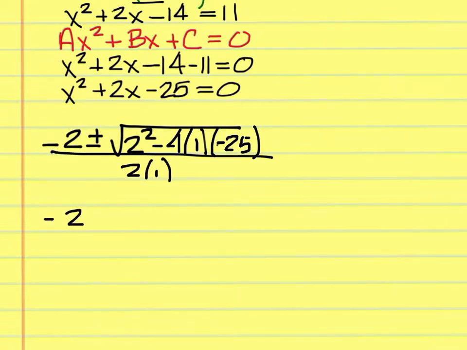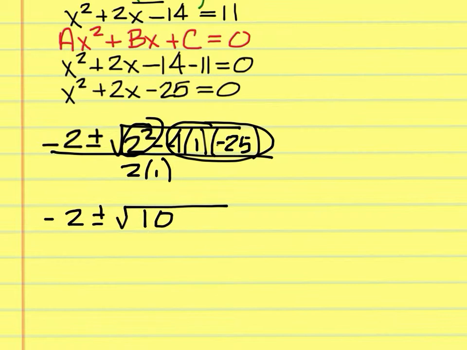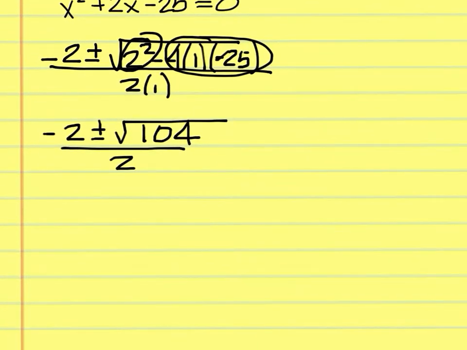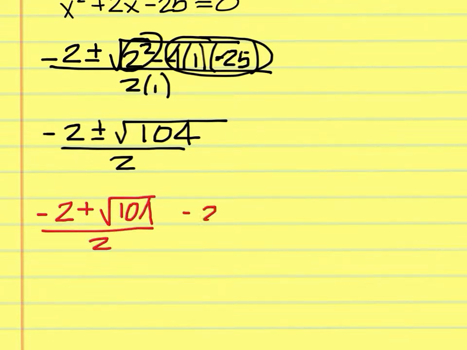So negative 2 plus or minus the square root of 4 plus 100, which is 104, and then on the bottom is 2. So we have to do this twice, once with a plus, once with a minus. So negative 2 plus the square root of 104 over 2, and negative 2 minus the square root of 104 over 2.